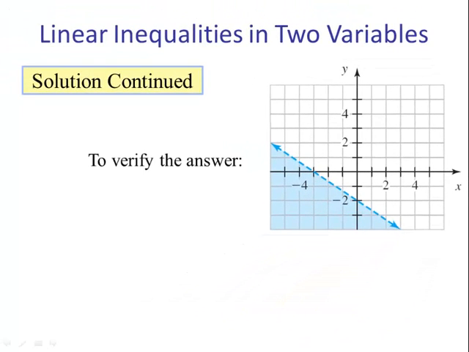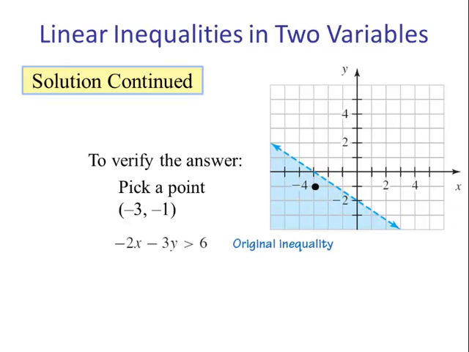Now there is a way we can verify the answer. If we pick a point in the shaded region and substitute that point back into the inequality, we should get a true statement. I'm going to use the point negative 3, negative 1. X is negative 3, y is negative 1. I'm going to substitute this back into the original inequality.